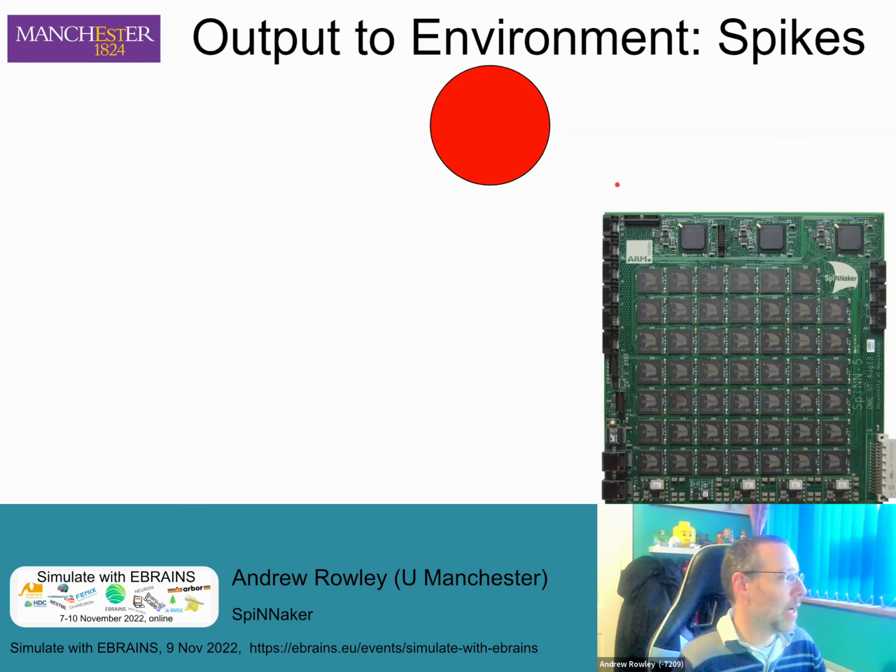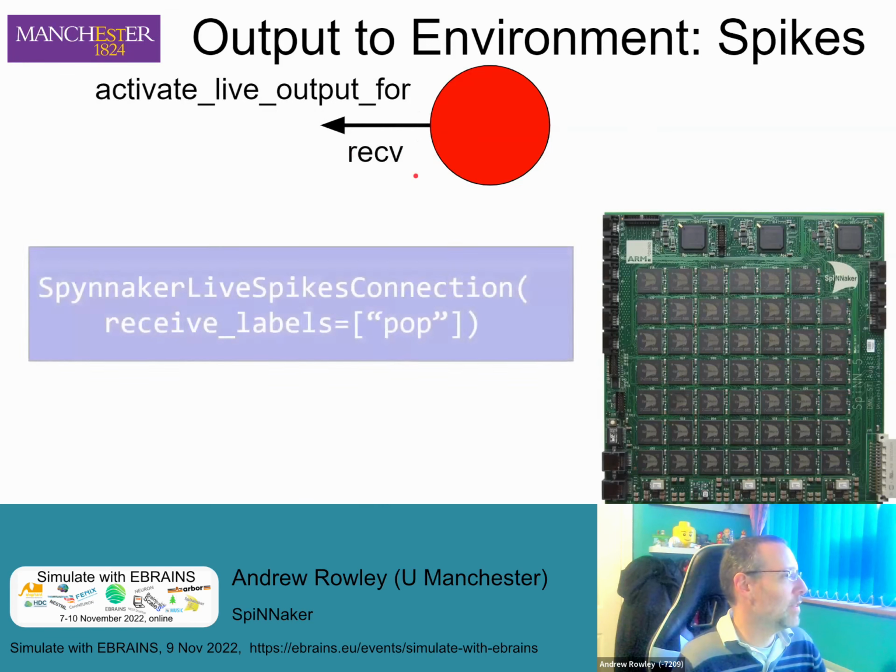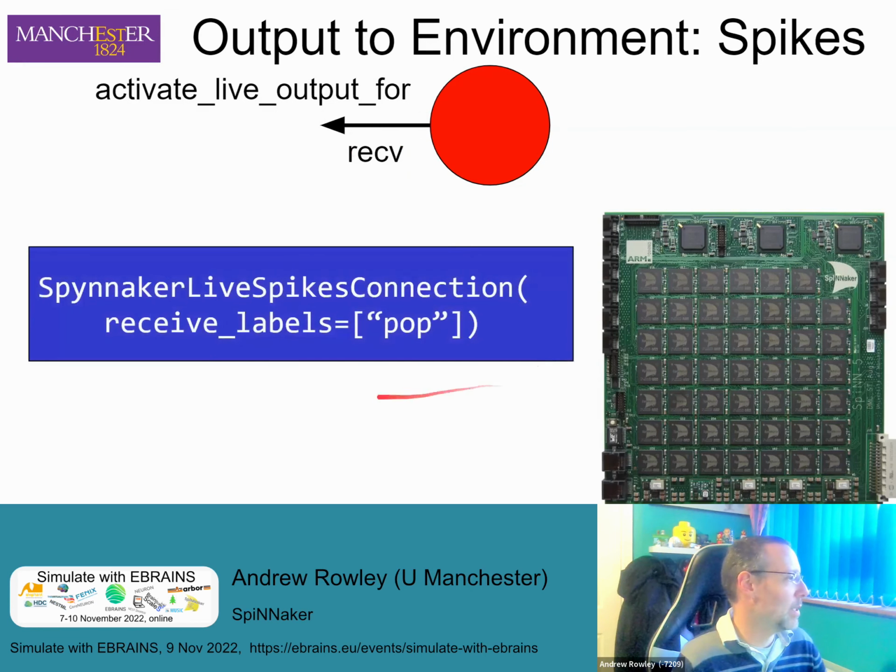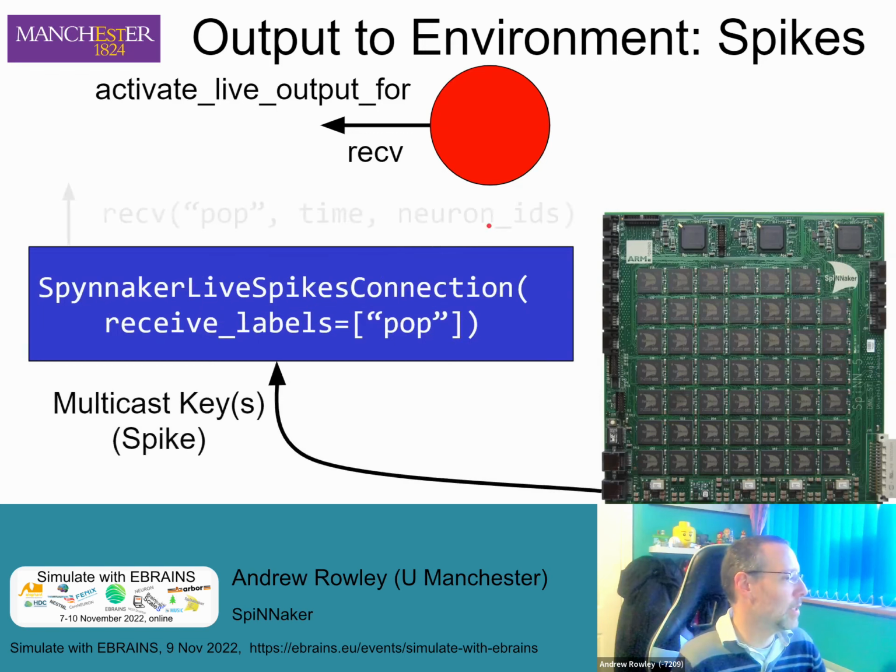We can, of course, also output live spikes. We do an activate live output for, and then we have a receive function somewhere which receives those spikes. We can use that same Spinnaker live spikes connection from before, and in fact, you can combine this with the previous one. You just have receive labels here. You had send labels previously, so you can combine those two things together and have a single connection doing all the work. That's fine, no reason why not.